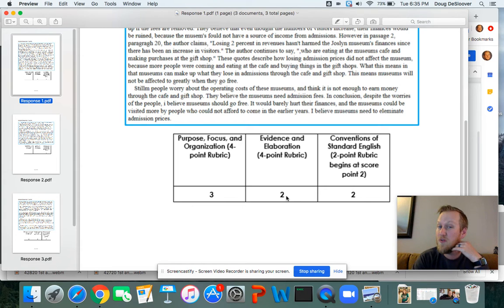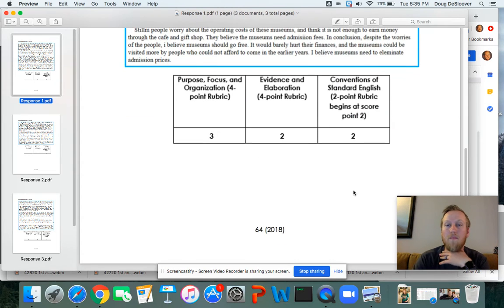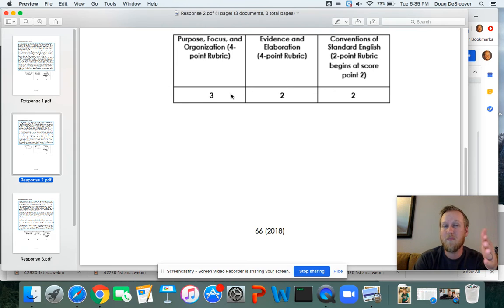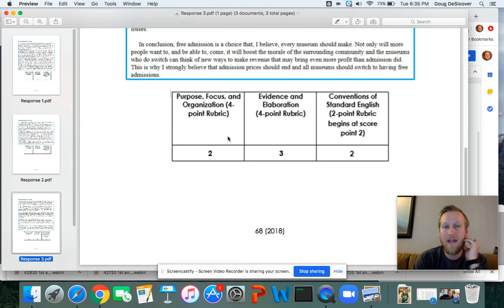They got 2 out of 4 points for evidence and elaboration, and they got 2 points for conventions of standard English, 2 out of 2. Response 2 had the same rubric, 3 for purpose, 2 for evidence, 2 for standard English. And the last one kind of flipped it a little bit. They had 2 for purpose and focus, they had 3 for evidence and elaboration, and they had 2 for standard English.